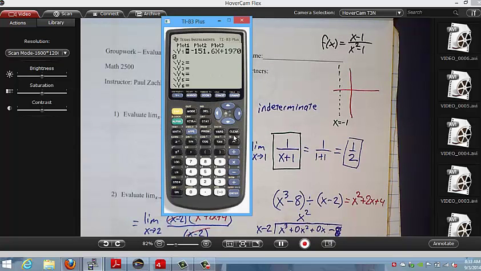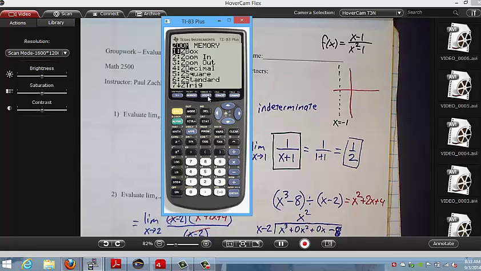Y equals, open parentheses, x minus 1, divided by, open parentheses, x squared minus 1. Right? And let's just do the standard zoom. Choice 6, just the standard window, and there it is. Ooh. Well, that's it. It looks kind of like a heart murmur to me, right?